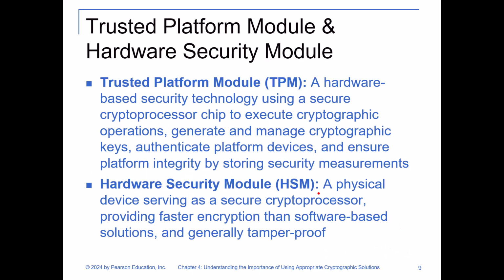We have our security modules, both the Trusted Platform Module, TPM, and our hardware security module, HSM. TPM is typically a hardware-based technology that is used to secure a crypto processor chip to execute cryptography so that the process is not done on your processor or CPU. It's a hardware module.